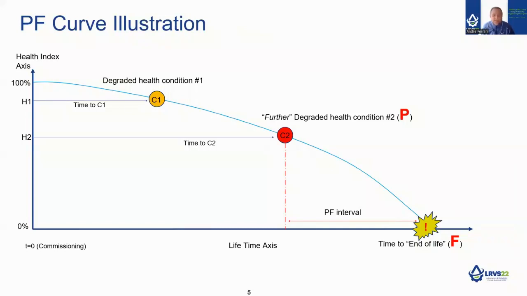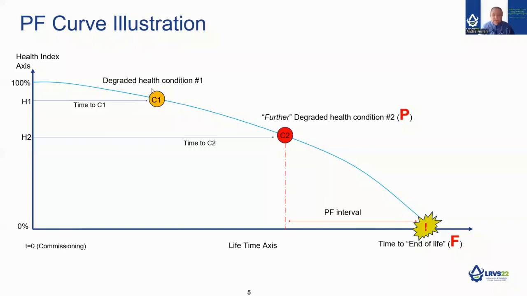Whereas the vertical axis indicates the health or condition in which the asset is at any moment in its life. When the system is at its end of life, to the right, the health index is 0. When we install or commission the system at time 0, the health index is considered at 100%.